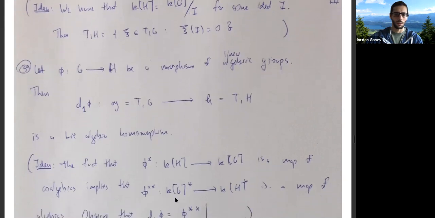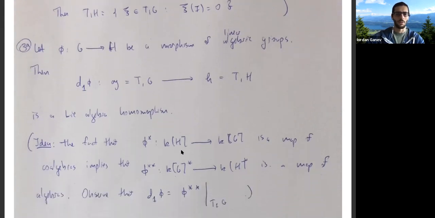The way you show it is, we have phi that goes from G to H, a morphism of linear algebraic groups. So its pullback map will be a morphism of coalgebras, since it commutes with the multiplication maps. And so then the double dual map, phi star star, that goes from the dual of the affine algebra of G to the dual of the affine algebra of H, will be a map of algebras.